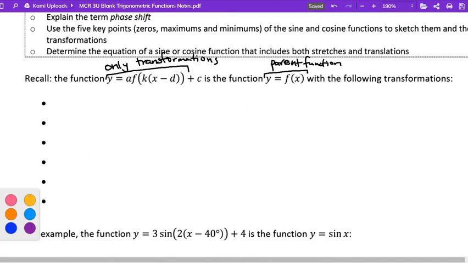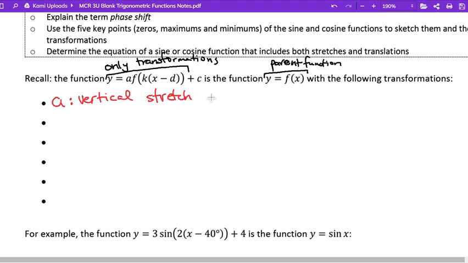So let's review what each of these transformations does. What do we call the a? Vertical stretch. But what else can a do?